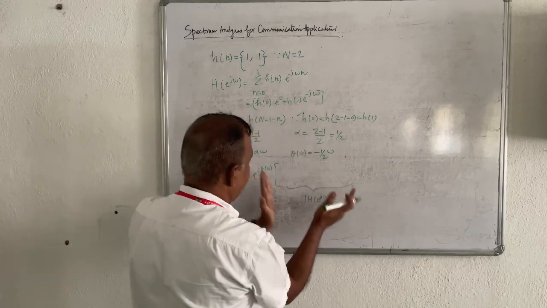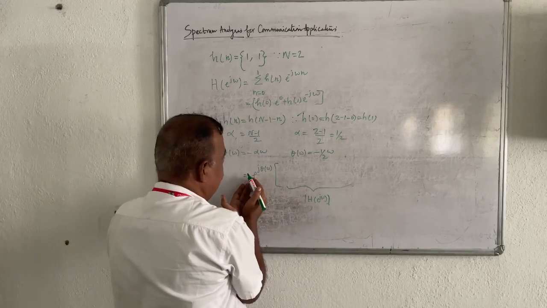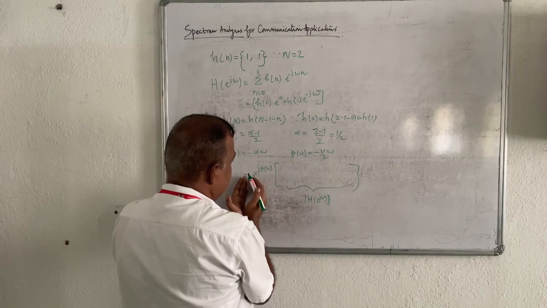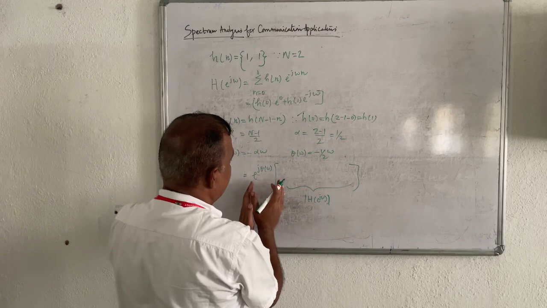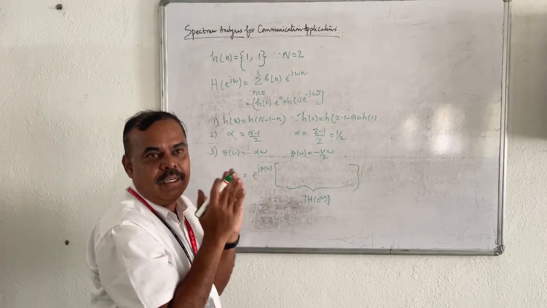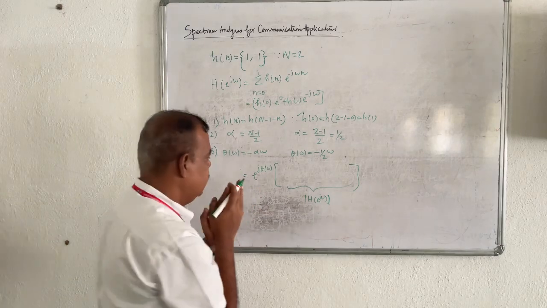So this is my magnitude spectrum and I am taking phase alone separately. If you take phase alone separately, the remaining will be magnitude. From this I am going to split the magnitude and phase. This is a very important case study for industrial applications, particularly for speech applications.